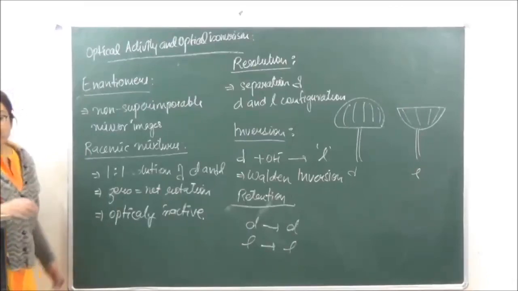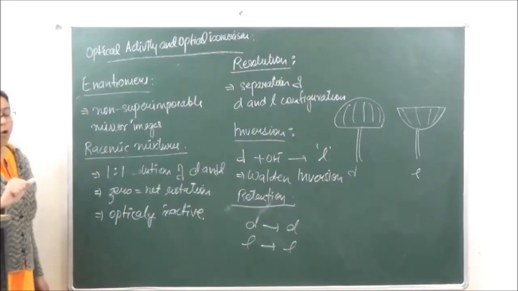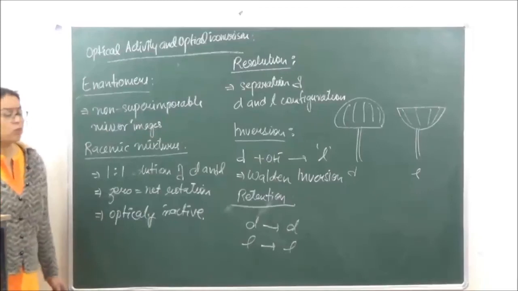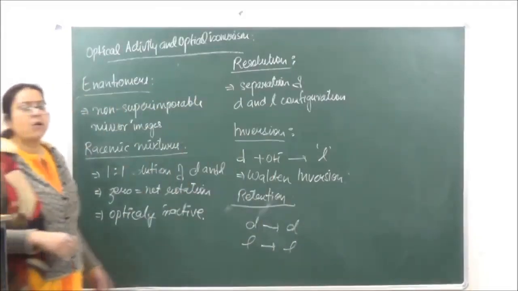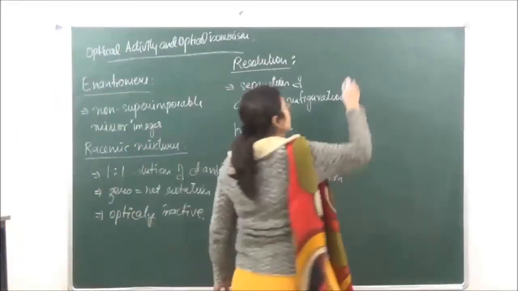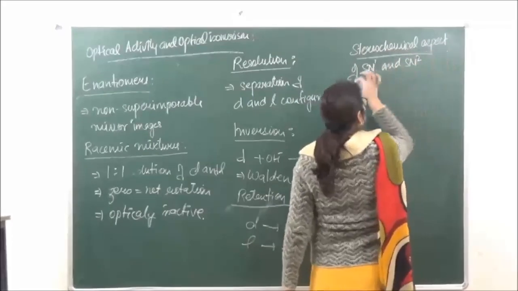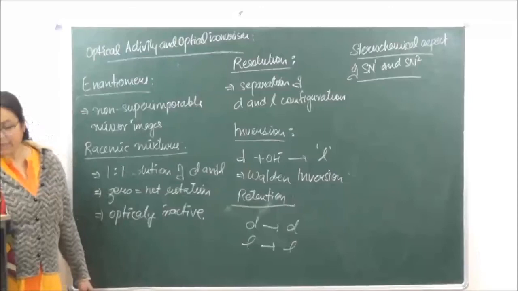Okay, so looking at all of these, let's go back onto SN1 and SN2 reactions over here, and let's look at the stereochemical aspect of both SN1 and SN2 mechanisms.